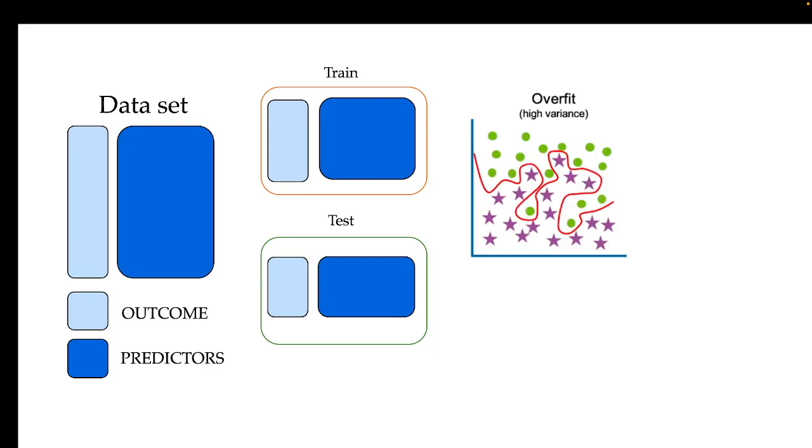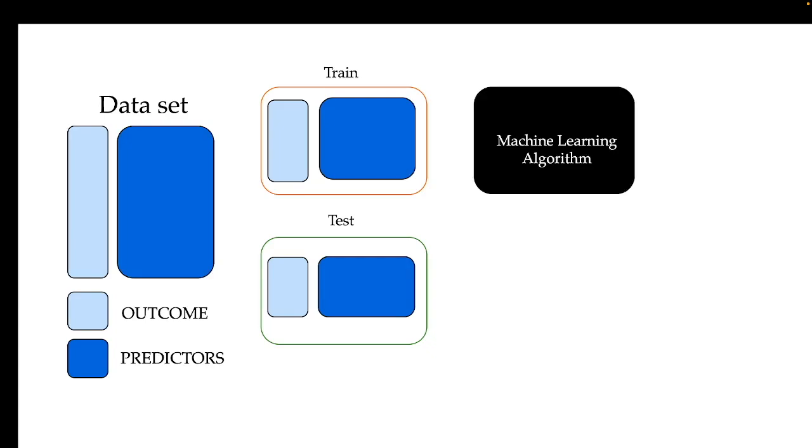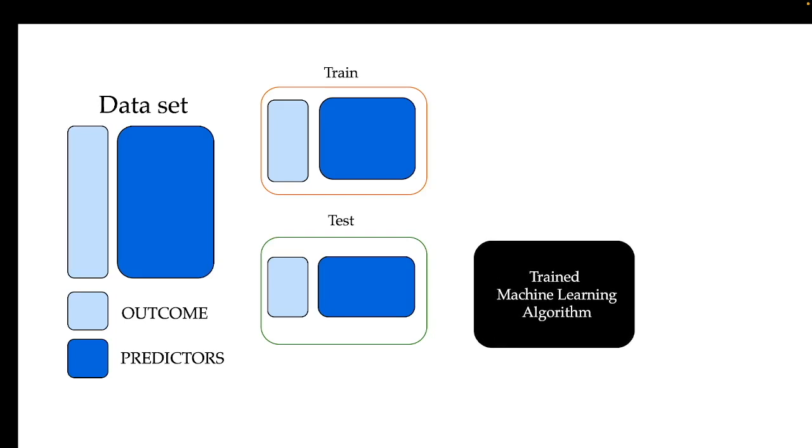So after we've split our data, we can go ahead and take our machine learning algorithm and put the outcome and the predictors of our training set in it. Afterwards, we'll have a trained machine learning algorithm that learned how the predictors are related to the outcome. So then we can go ahead and go to our test data and put the predictors of our test data in.